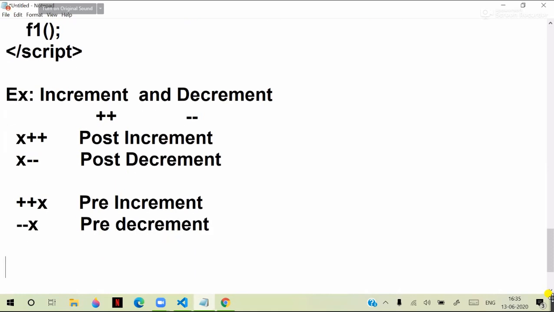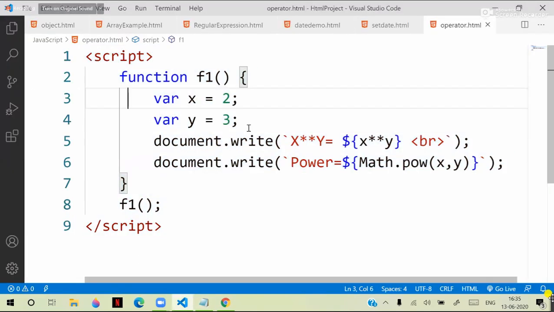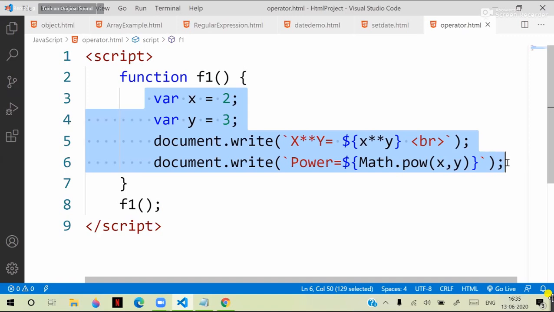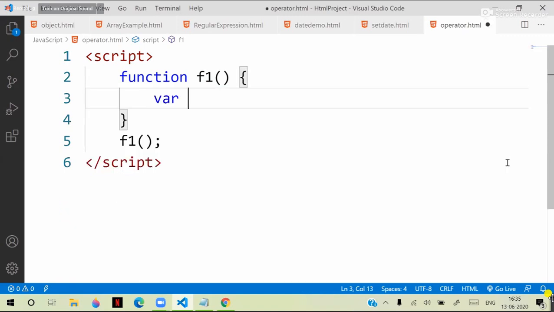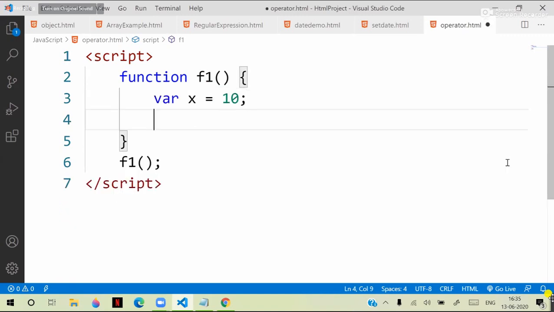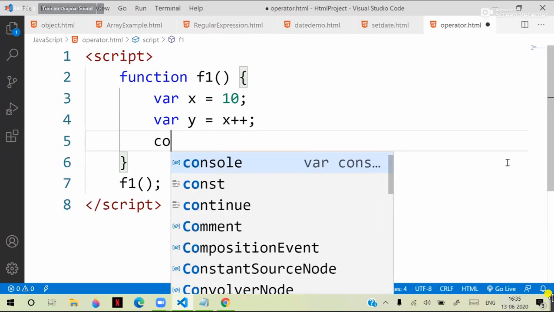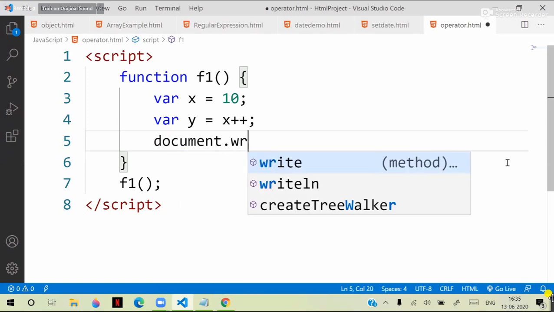Here is one important point we need to know. So how to understand this post and pre? For example, suppose I'm defining x equal to 10, y is equal to x plus plus, and document dot write.